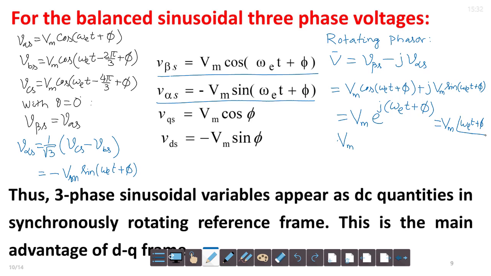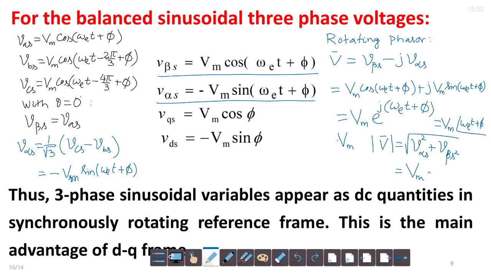This is the first thing. And what is the magnitude of this voltage V? That is the square root of V alpha s square plus V beta s square, and you can find the magnitude is Vm. So, this is the transformation from 3 phase balanced voltages to alpha beta.